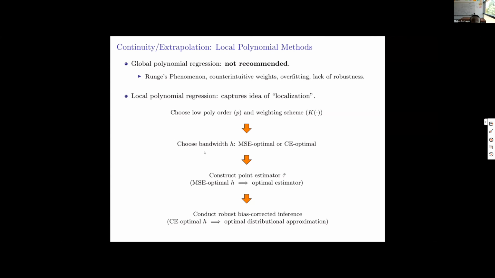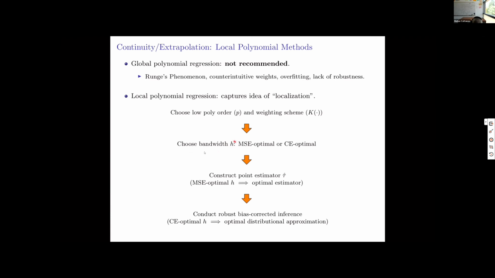And so the way that the procedure typically works is you choose the desired order of the polynomial, you choose some weighting scheme, sometimes called a kernel, and given these two characteristics, you then choose a bandwidth that purposely discards a lot of observations and zooms into a nearby region of the cutoff point.